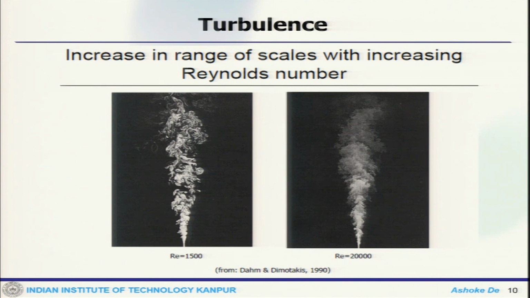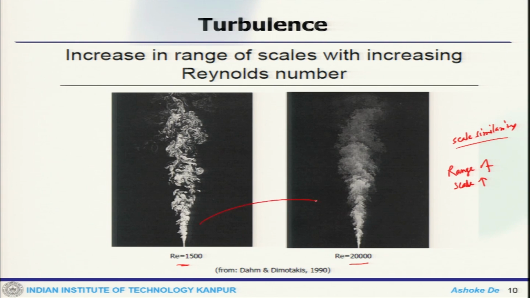Now, if you increase the range of scale, that happens with increasing Reynolds number. This is at Reynolds number 1500 and this is at 20,000. The large scale structure remains the same, so there is a scale similarity, which talks about the large scale structure remaining the same, but with increasing Reynolds number the range of scale also goes up.